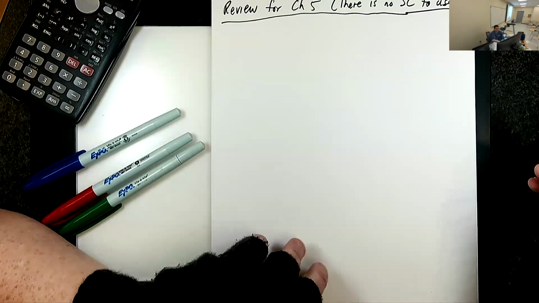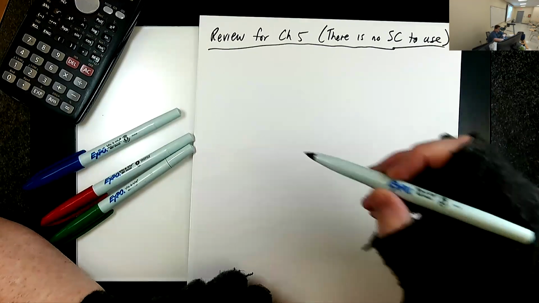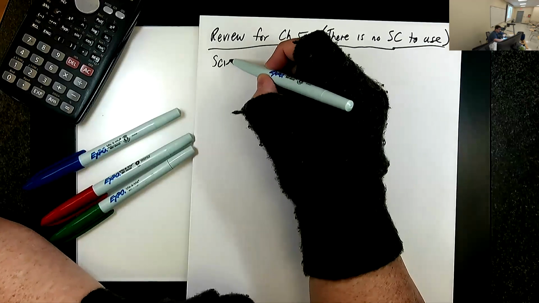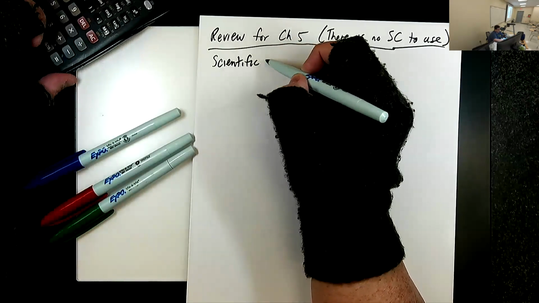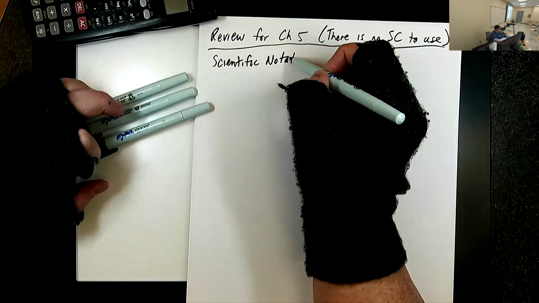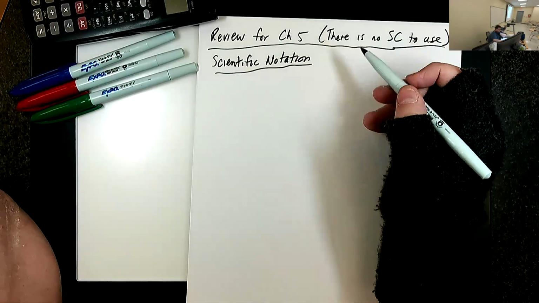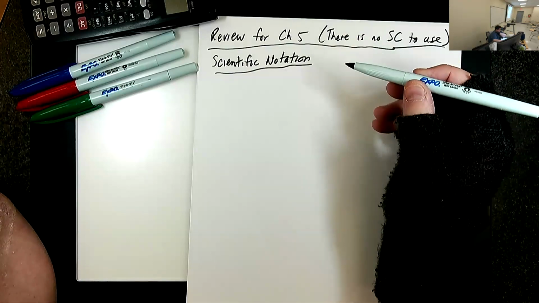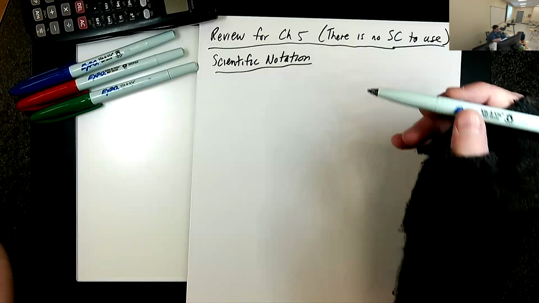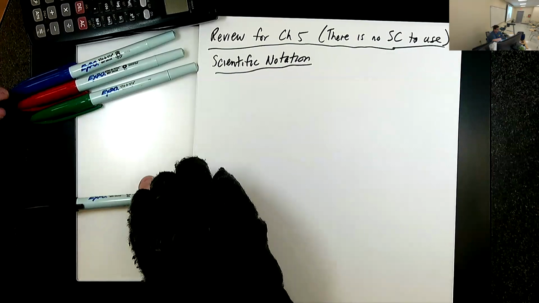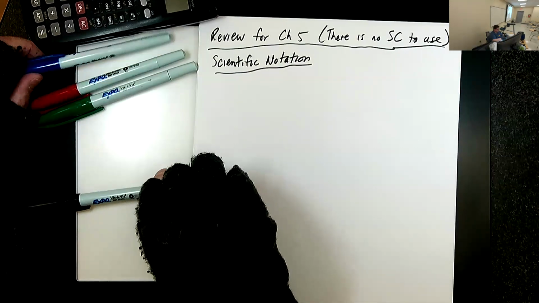Some things you'll need to know for Chapter 5 is scientific notation. We have talked about it before, but it does show up, and so we want to do a little bit more with it. Let me give you a couple of good examples.